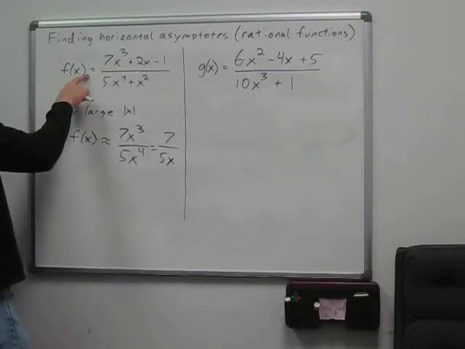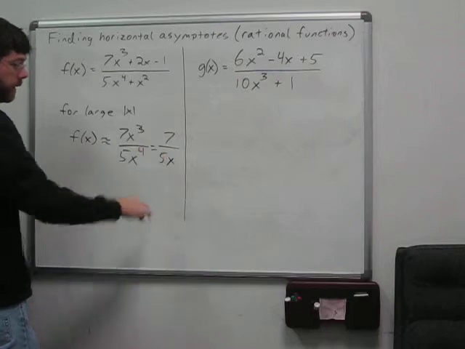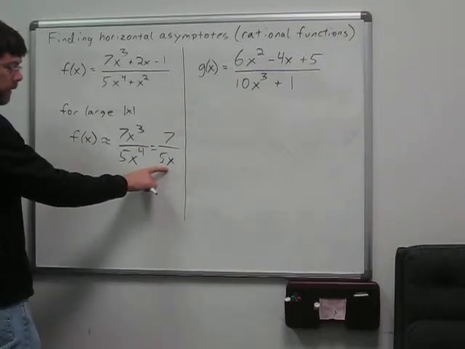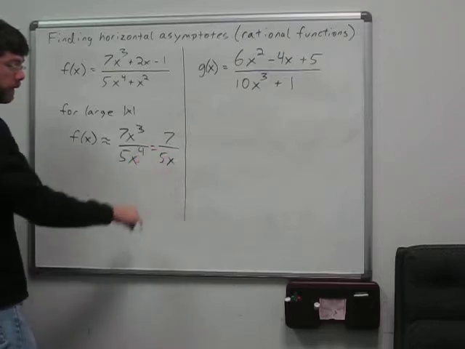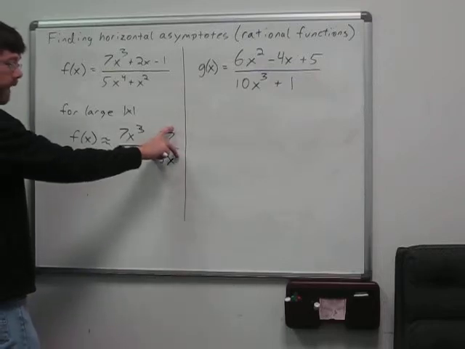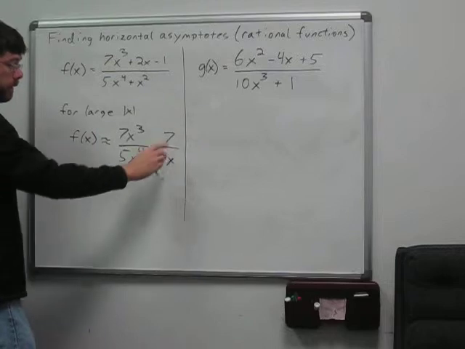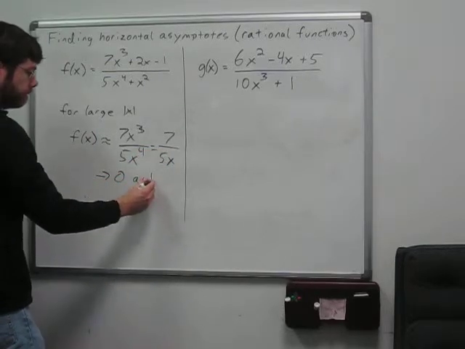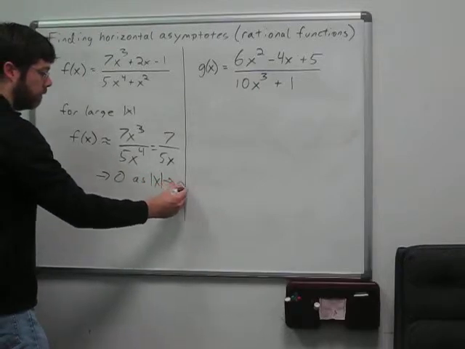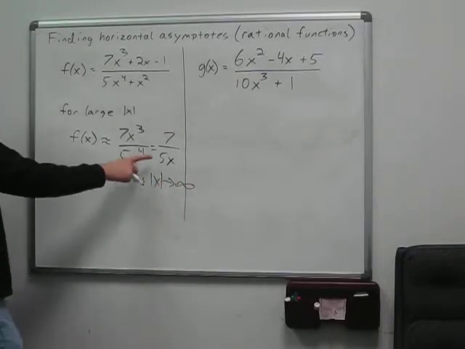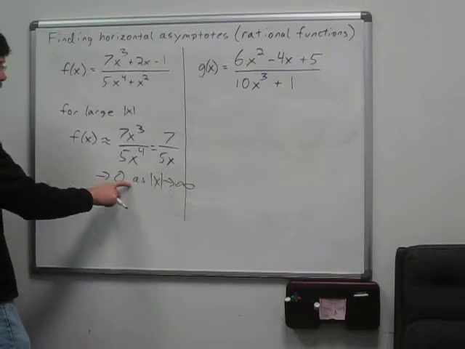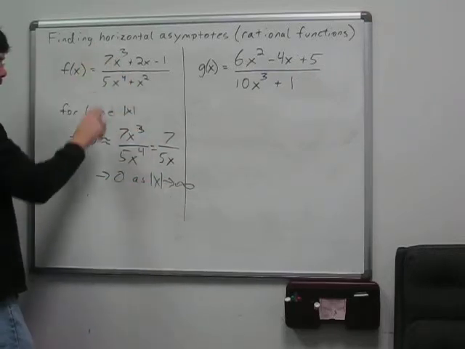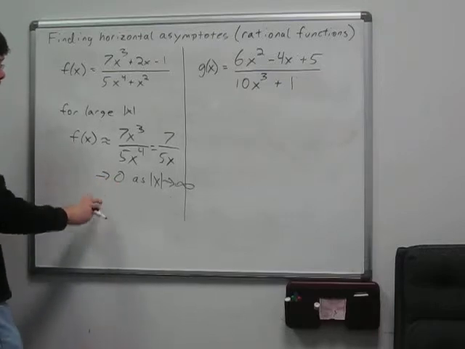So this rational function behaves a lot like this expression for large values of x, and notice as x gets larger and larger, this denominator gets larger, and so this fraction will be going toward 0. So because this fraction goes towards 0 as x gets larger and larger, this function will be heading towards 0 as x gets larger.